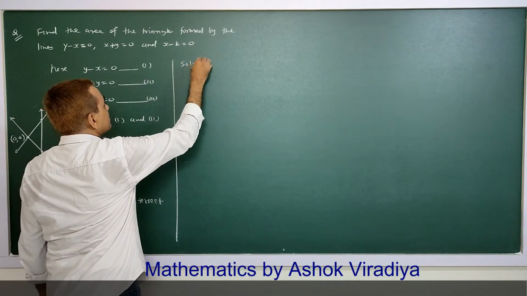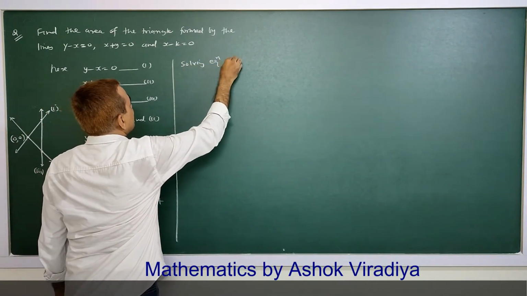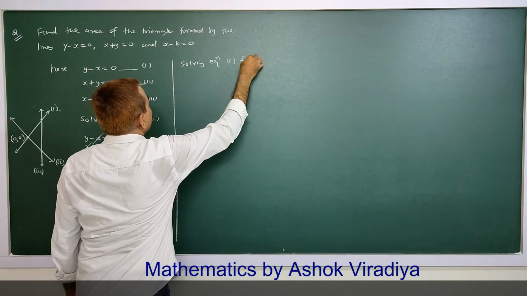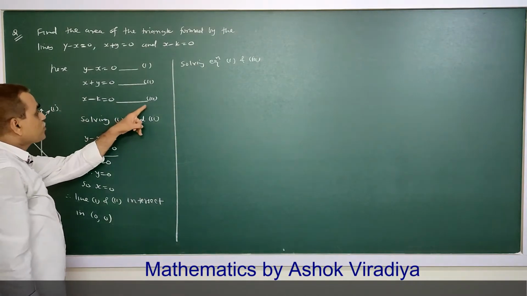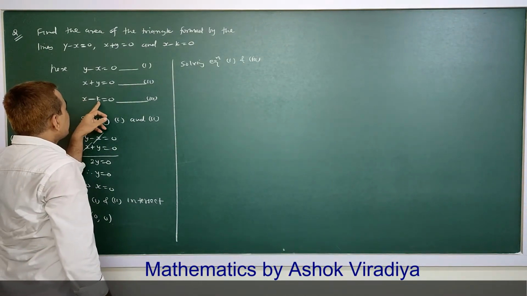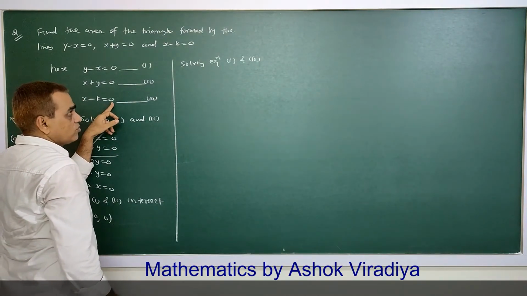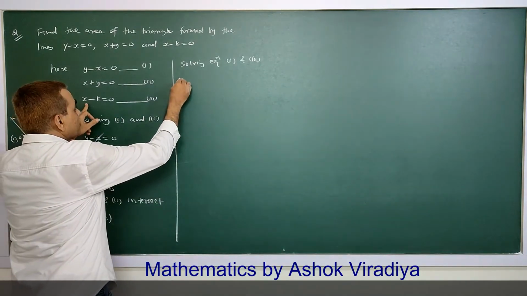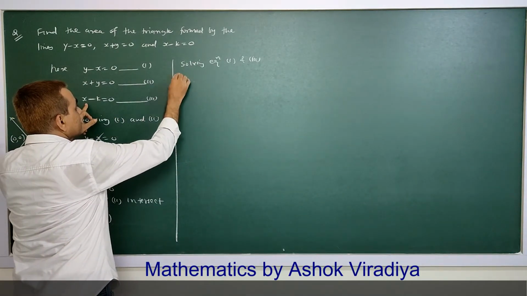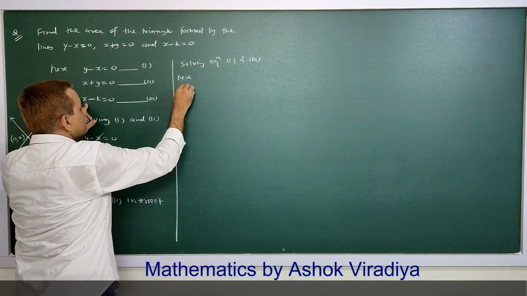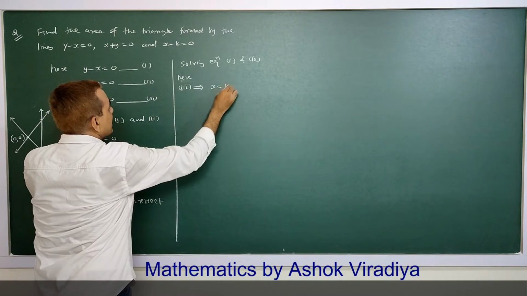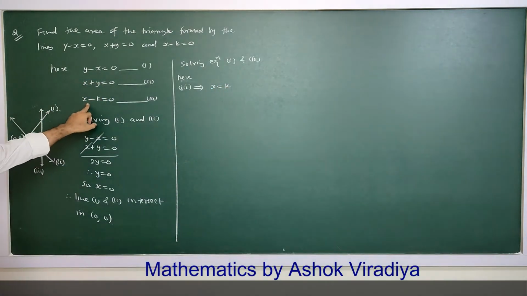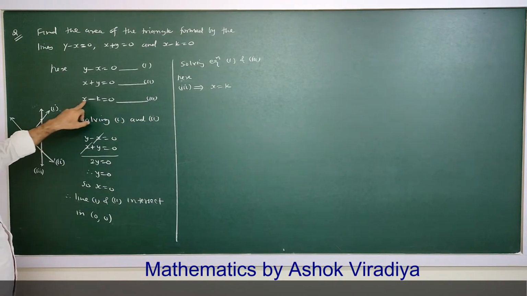Solving equations 1 and 3. From equation 3, x minus k is 0, so equation 3 implies x equal to k. Every point on this line has x coordinate k.